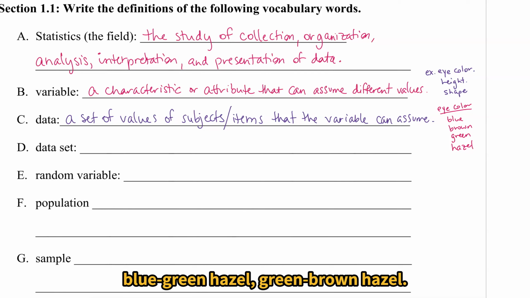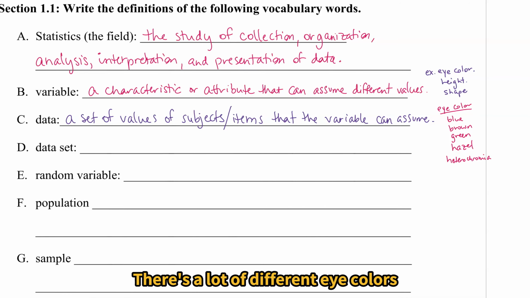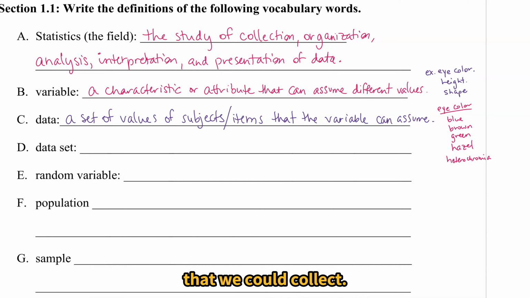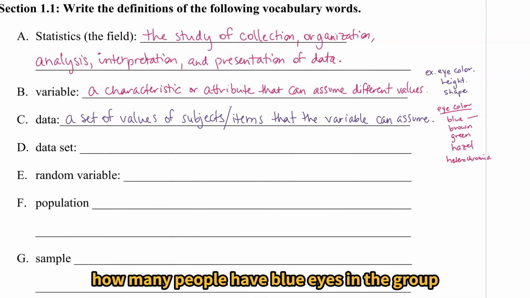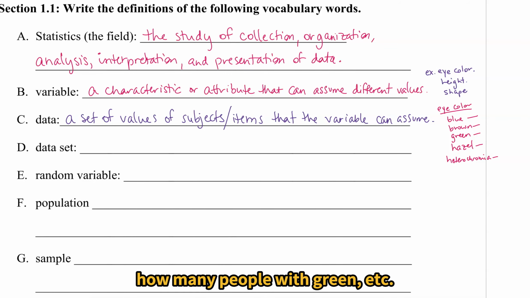Blue, green, hazel, green, brown, hazel. We could have heterochromia eyes, which means the eyes are two different colors. There's a lot of different eye colors that we could collect, and that would be our data set. How many people have blue eyes in the group that we're looking at? How many people with brown? How many people with green?